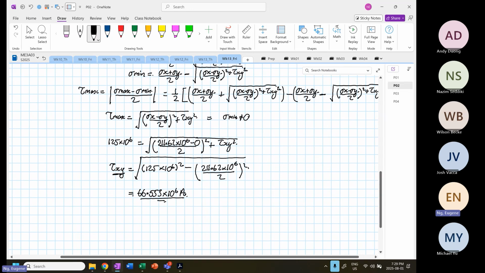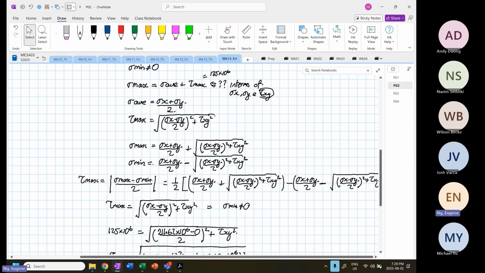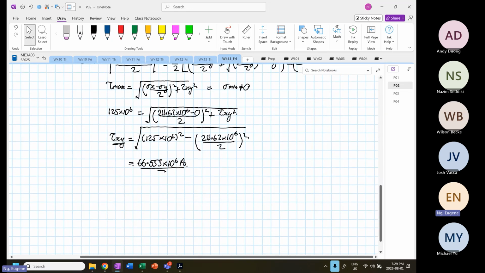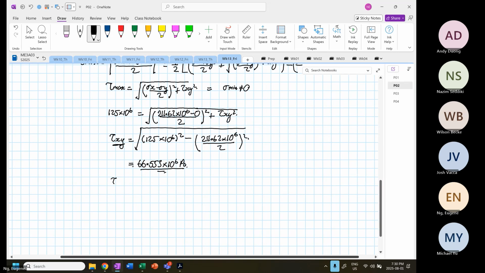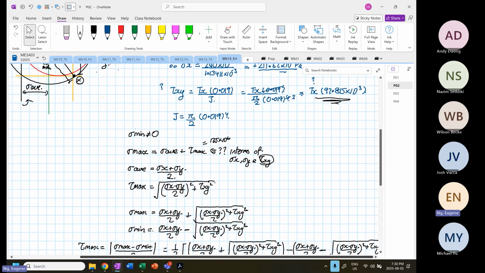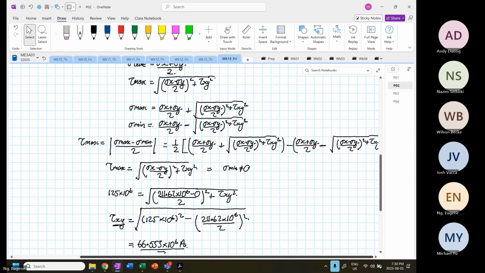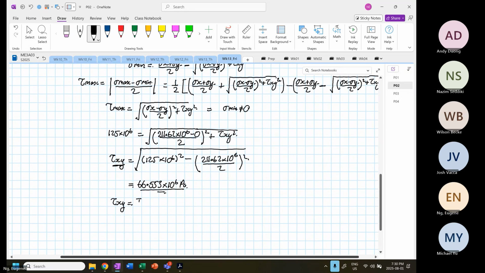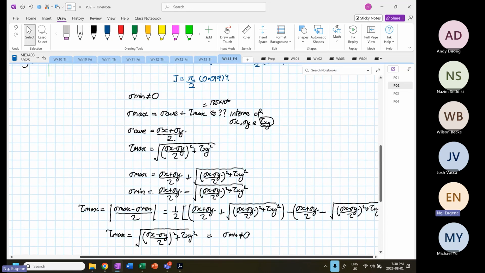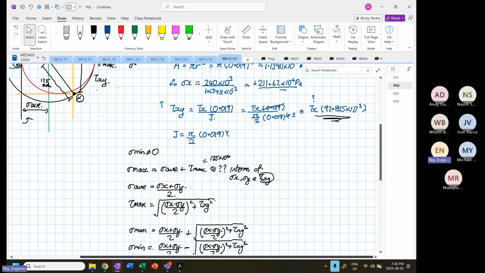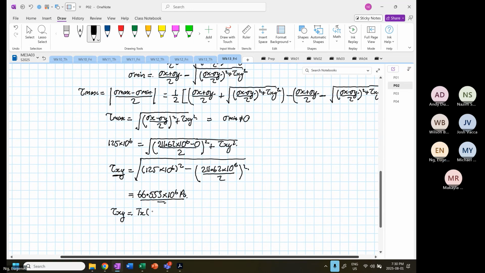Okay. So this is your shear. Then from here, we just need to put in shear xy. It will then be equal to Tx multiplied by 92.815 times 10 to the power 3.